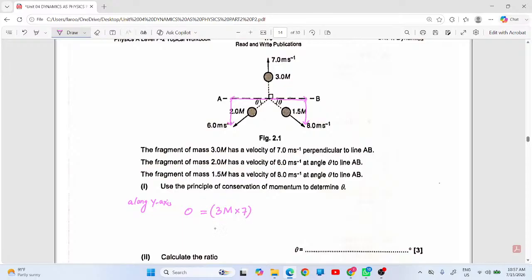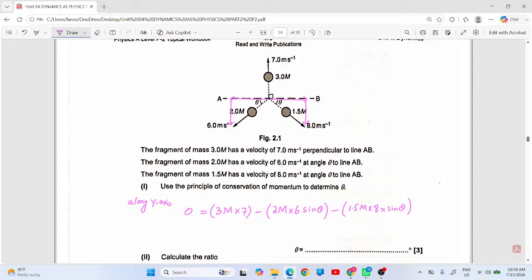Minus, because the other two are in the opposite direction, minus m multiplied by 6 sine theta, plus the next one, also in the same direction. This gives 1.5 m times 8 sin theta.